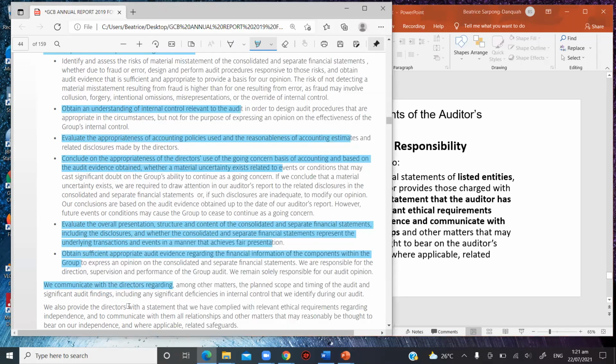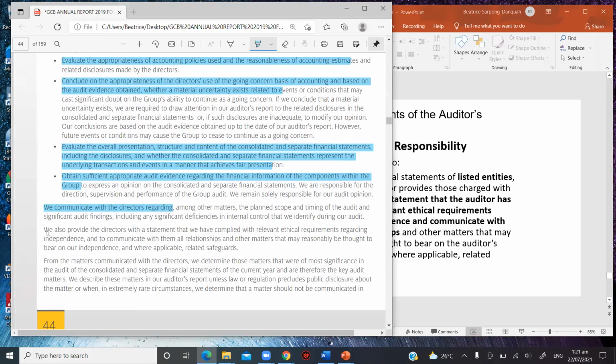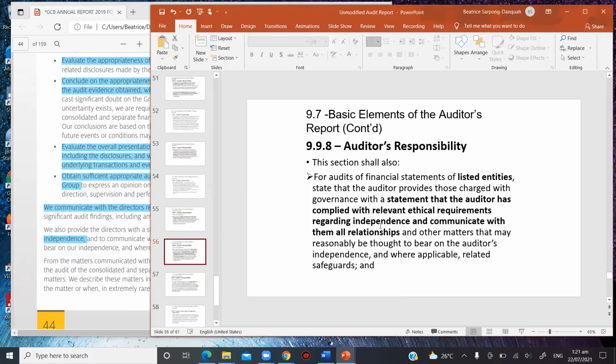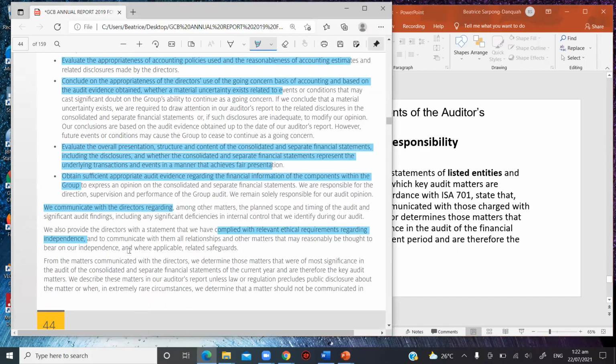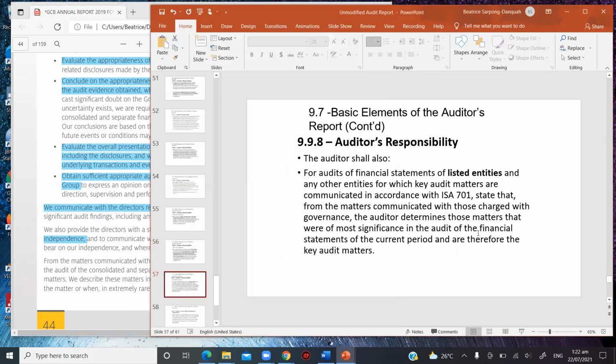So you see, we also provide the directors with a statement that we have complied with relevant ethical requirements regarding independence. You realize that almost everything I've mentioned here is covered in the GCB Bank audit report. GCB is listed, that's why you are seeing this information as well.